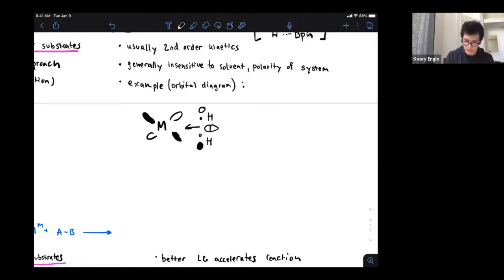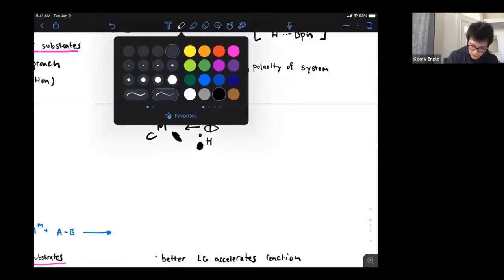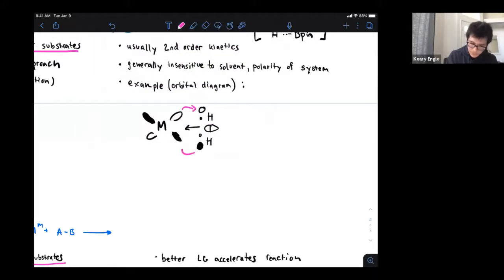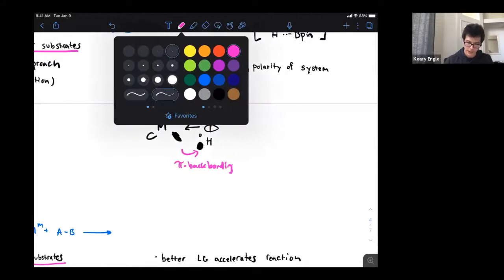We said these so-called sigma complexes, the filled sigma bond of H2 serves as the sigma donor to the metal, and then a filled d orbital on the metal can back donate. I'll use different colors just to make this as clear as possible. So you have a filled d orbital from the metal now filling the sigma star antibonding orbital.